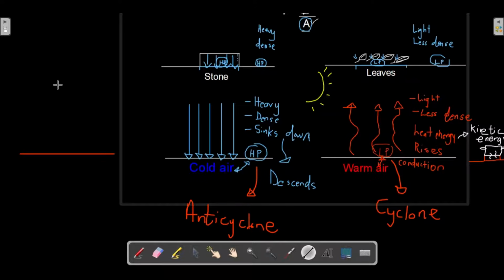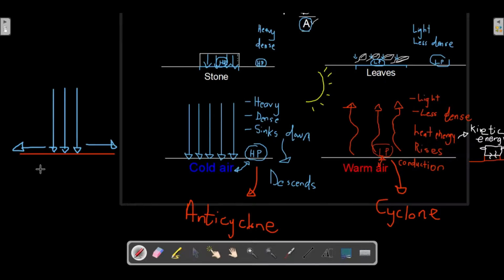Because it is heavy, it sinks down towards the ground, but it doesn't go through the ground. So what does it do? It separates. It moves to different positions, or rather different areas. So it spreads.